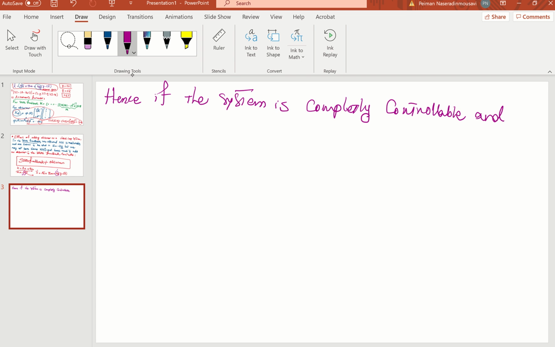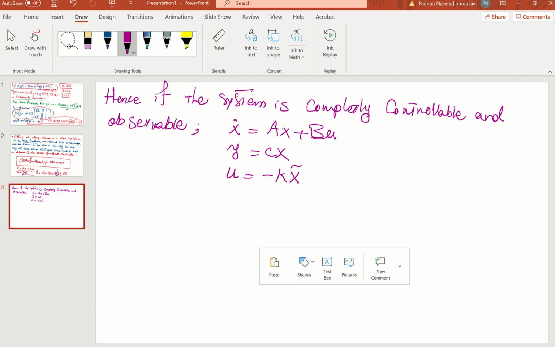And observable: you have to write the observability matrix and see the rank of that. So if that's the case, you have x dot is equal to Ax plus Bu, and y is equal to Cx. But when you have uncertainty in state variables, your u is going to be minus K x hat. That's right.